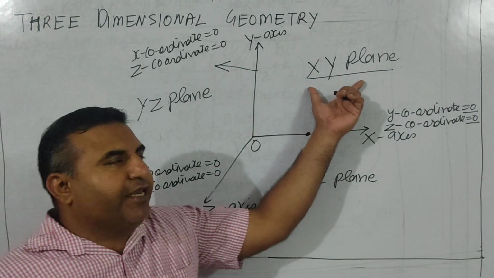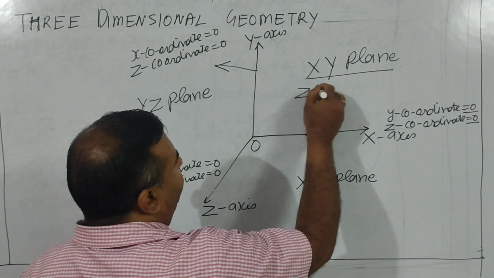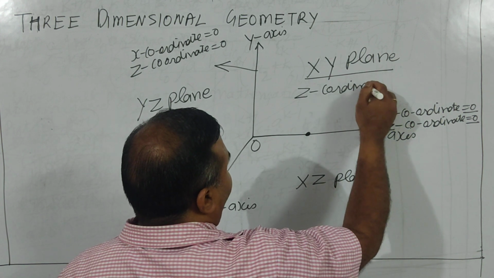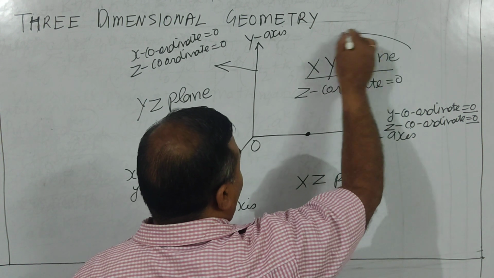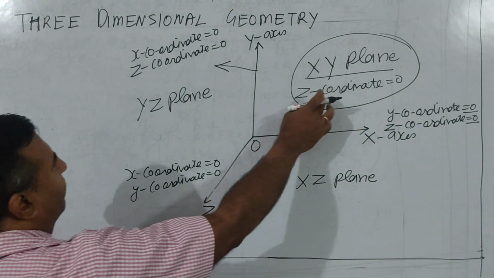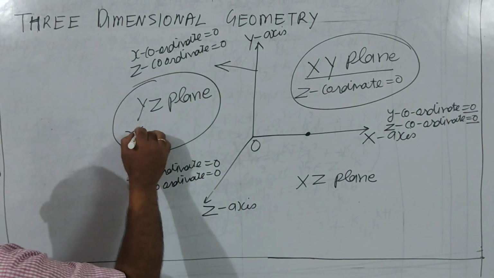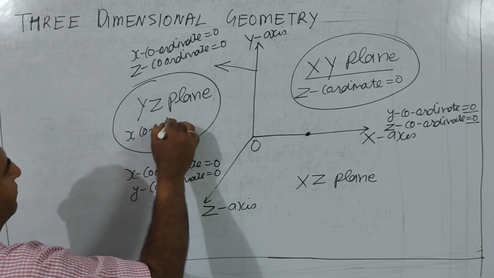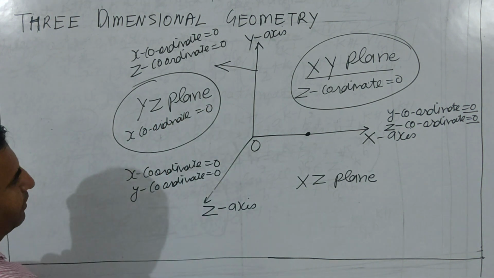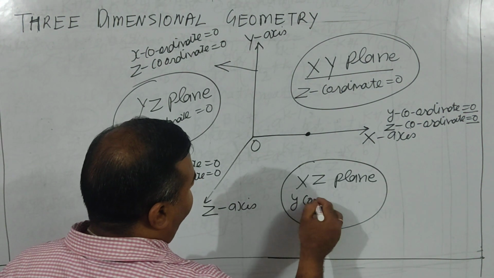In the xy plane, always remember that the z coordinate is always 0. If it is the yz plane, then the x coordinate is 0. In the xz plane, the y coordinate is always 0.